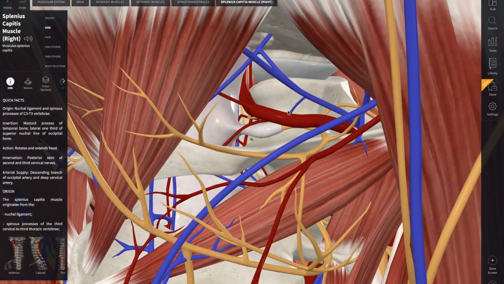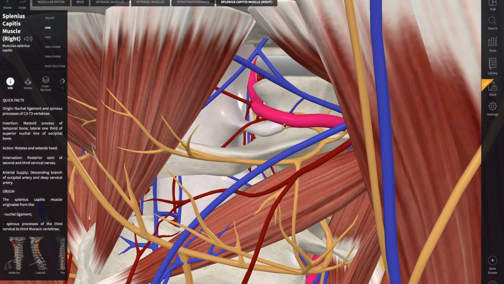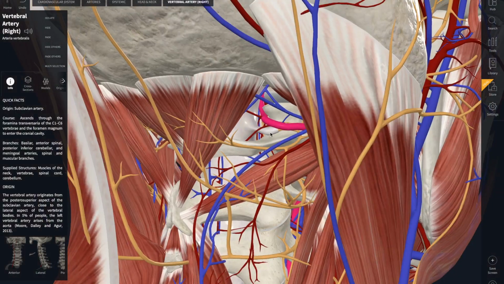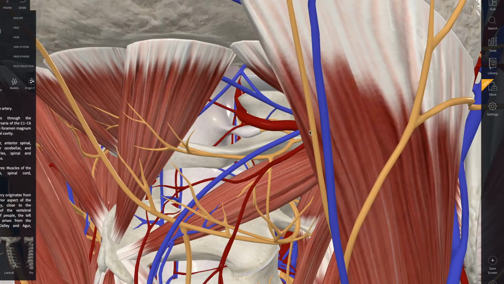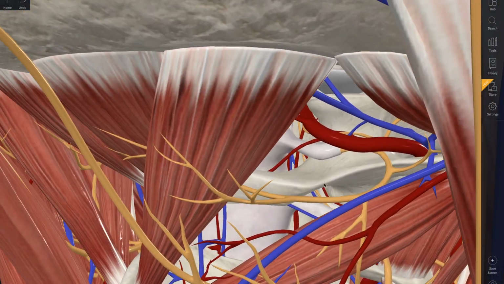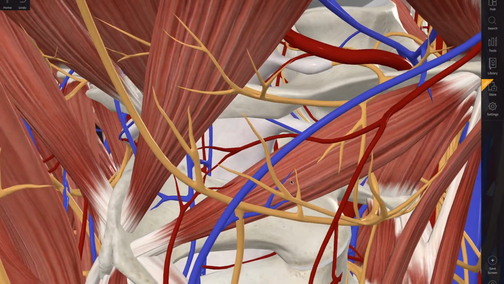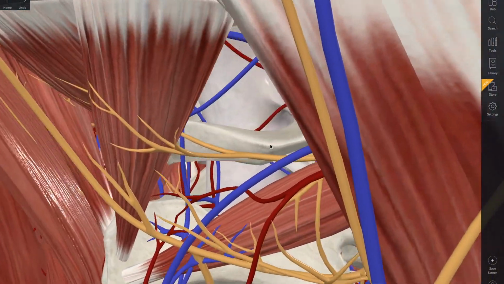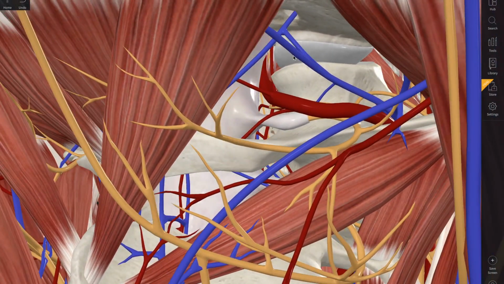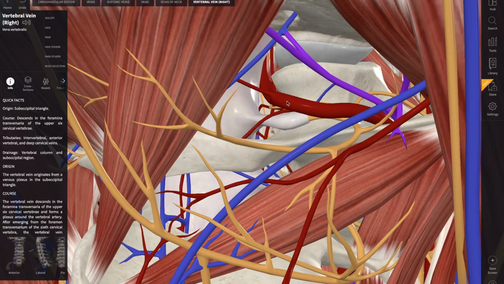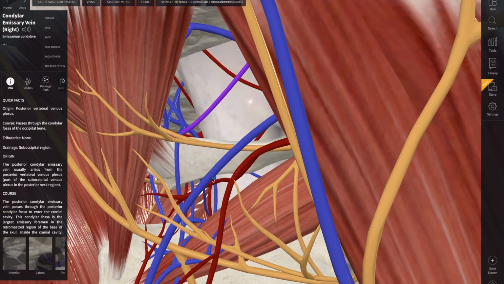So what are the structures? The arteries: this is the vertebral artery, but we have a suboccipital artery that branches off to the suboccipital area. So this is the first structure, the suboccipital artery, very easy. We also have a suboccipital venous plexus. It has its own venous plexus just around this area. I'm not sure this program shows it very well. It just shows the vertebral veins, because these are the vertebral veins, by the way.